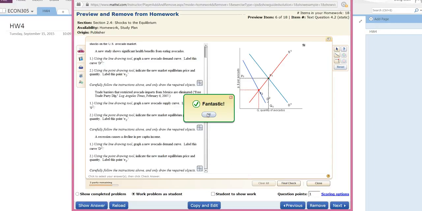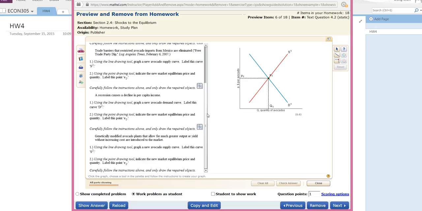So after you have done a question, think about the intuition behind it. I believe that's the most important part. Don't rely on graphing and even mathematics all the time. For a new question, try to form your own perceptions or your own intuition first, and then use the tool to verify whether your intuition is correct or incorrect.